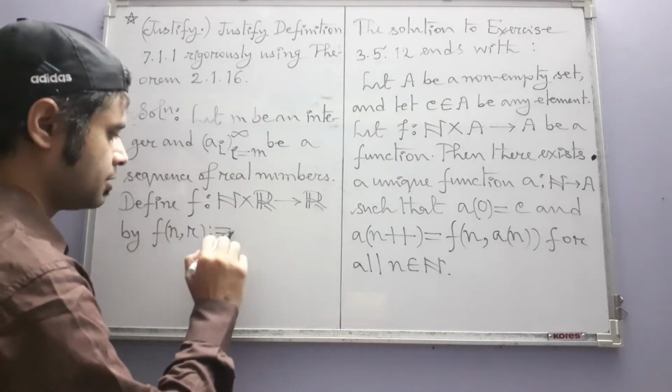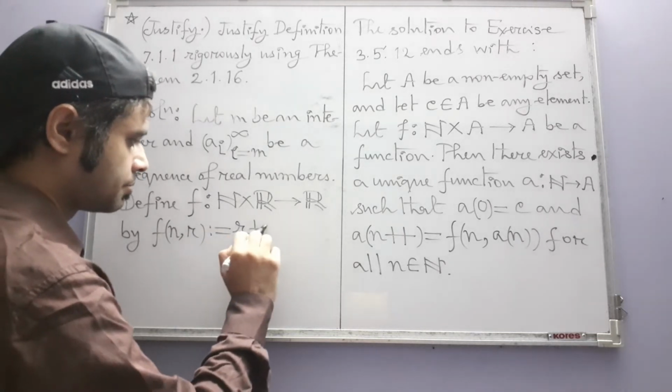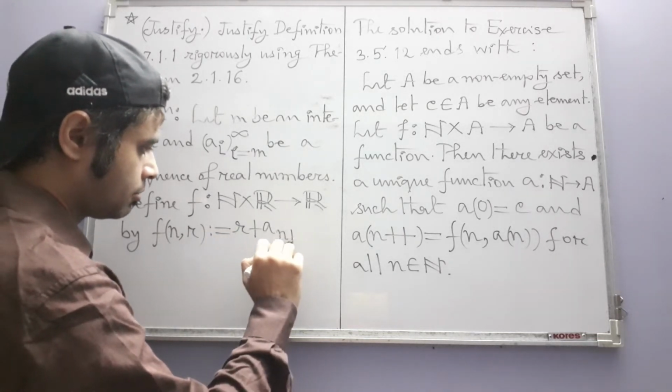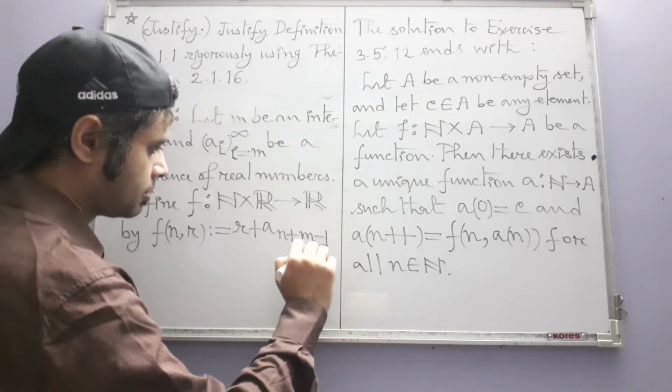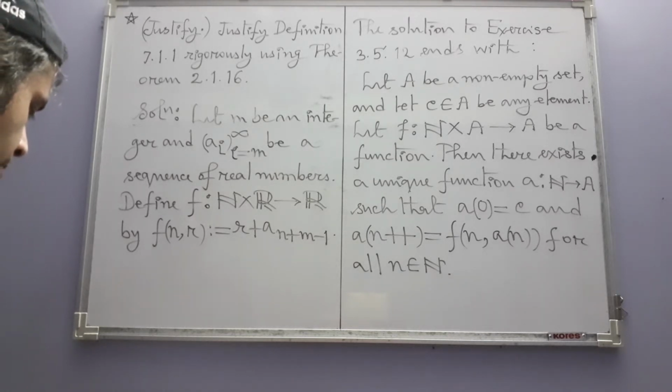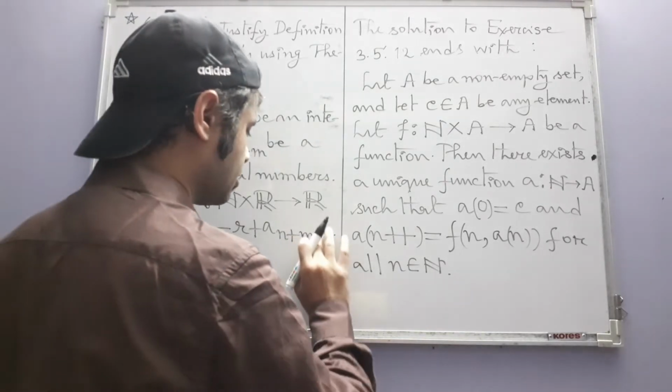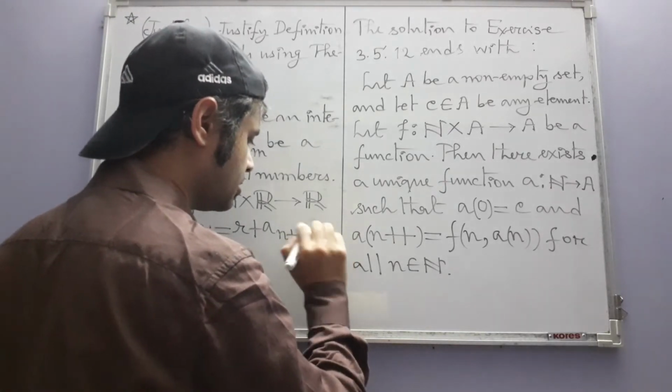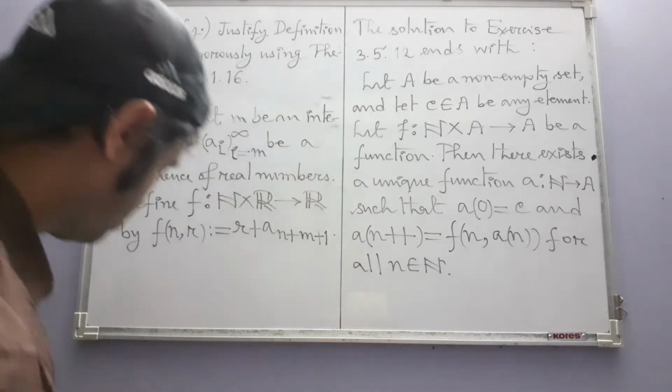The definition of this is r plus a_{n+m-1}. Now we have to see one thing carefully. Oh, this is not minus 1, okay, well, that's what I was thinking. This is plus 1.